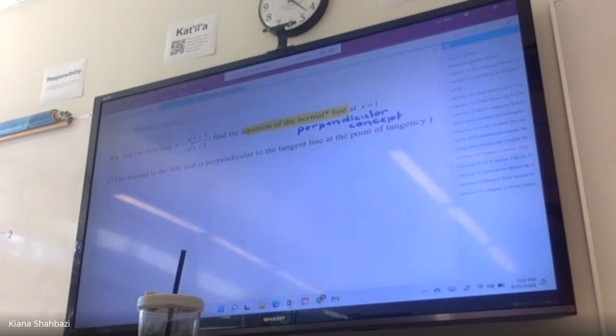And make a note, I would say it's 98% the same as tangent line.